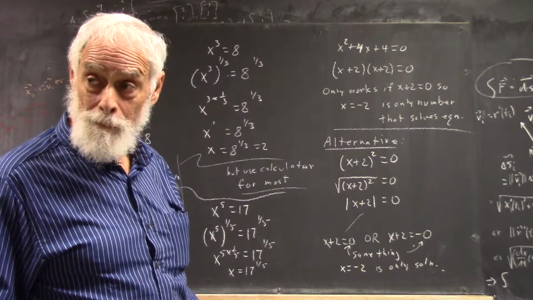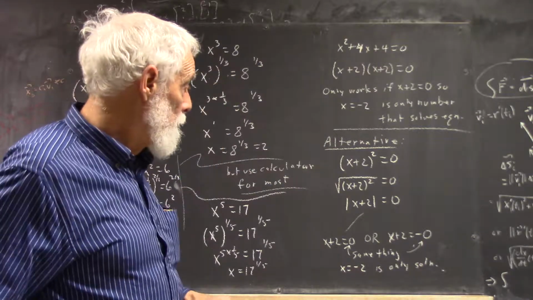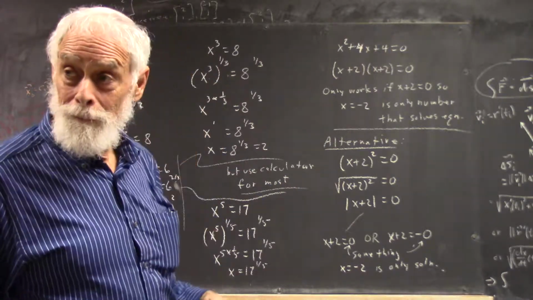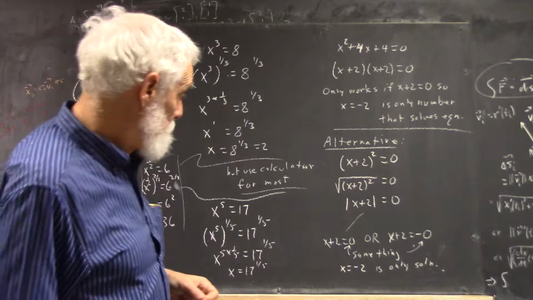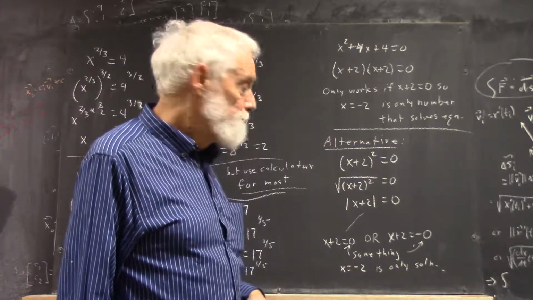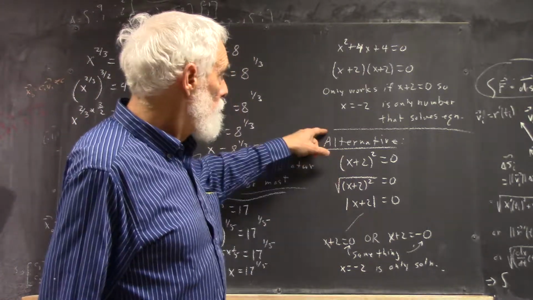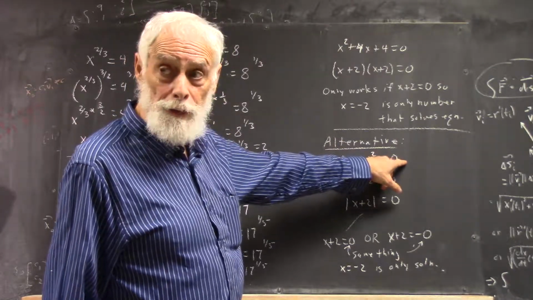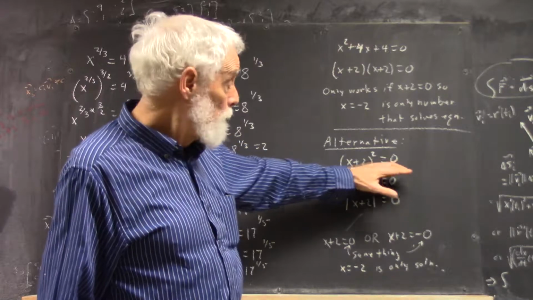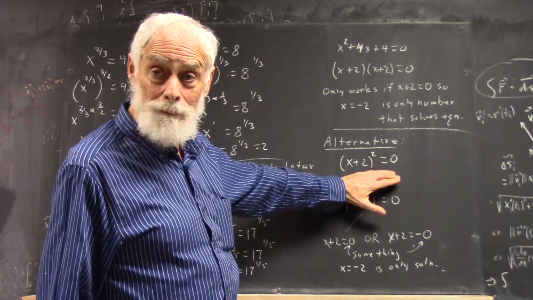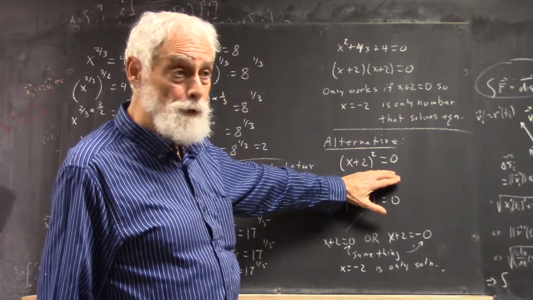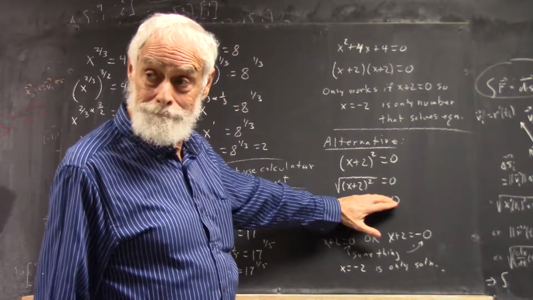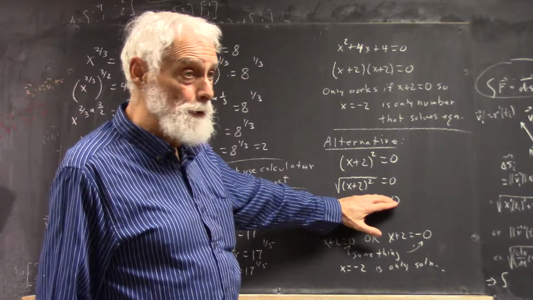There's another way we could have solved that, using the quadratic formula, and we're probably going to get to that in a little bit. Your alternative: you could write this as x plus 2 squared equals 0, right? And what do you do to that? We take the square root of both sides. What's the square root of x plus 2 quantity squared?